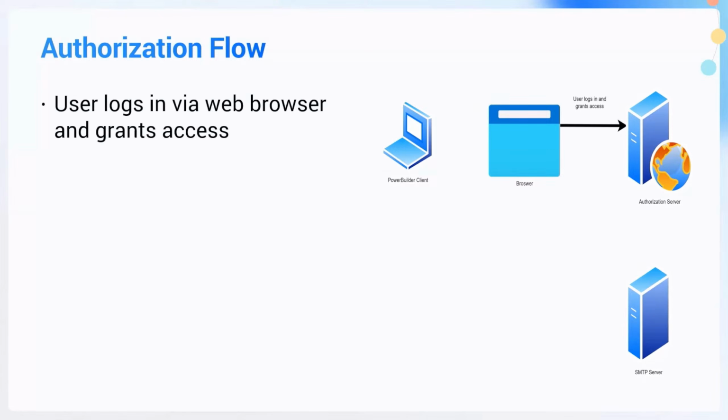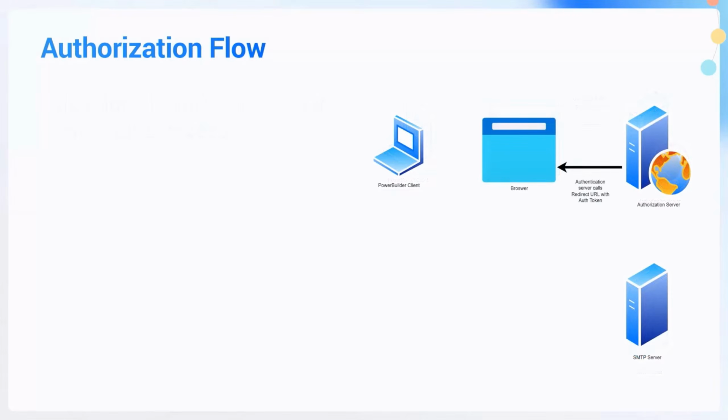Next, so we've opened up that URL. What that does is it takes that request for the auth token, and well, first what it does is it prompts the user to log in. And once they've logged in, it will prompt the user whether or not they want to actually grant the requested scope, the requested privileges to that application. If they say yes, then that sends the request up to the authentication server.